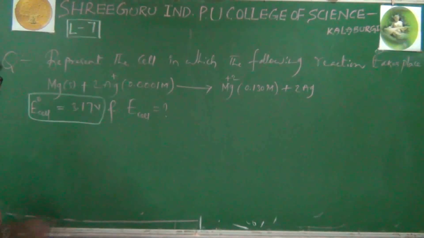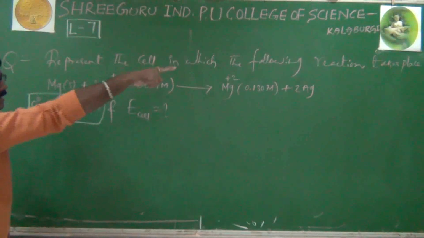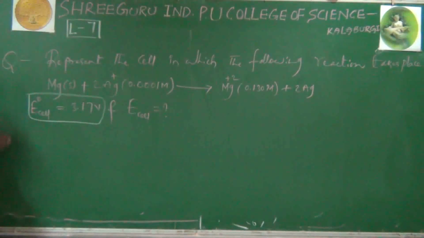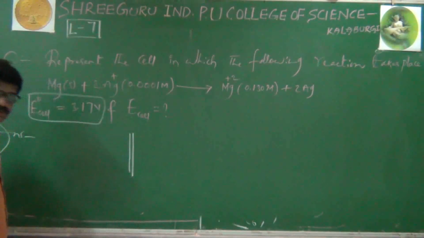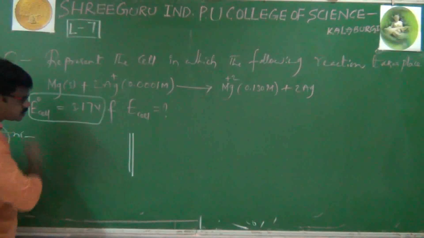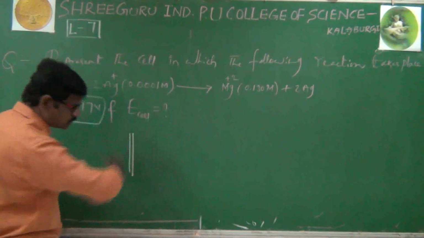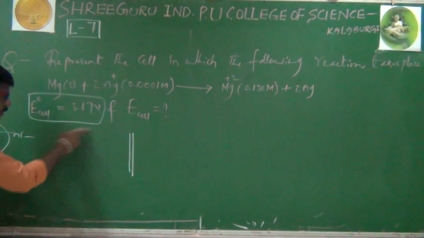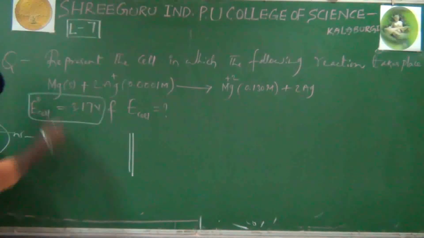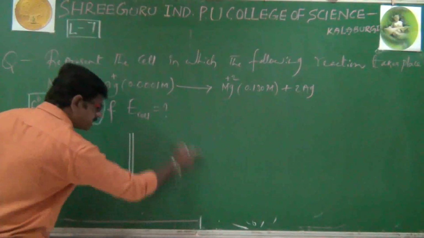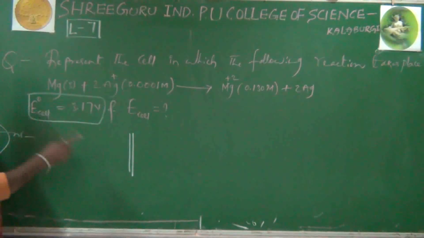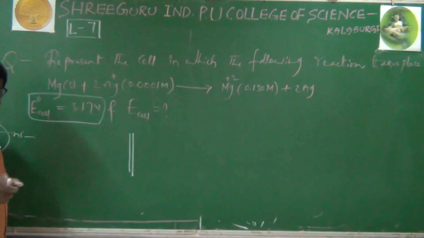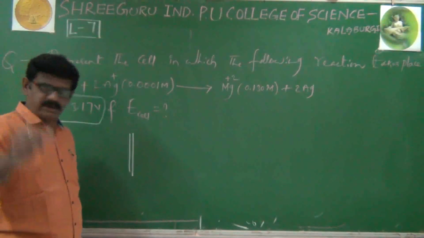First we'll do one thing. First I'll write its cell symbol, nothing but cell notation. In cell notation, first we'll write the salt bridge, two vertical lines. Left side electrode should be anode, right side electrode should be cathode. The anode electrode undergoes oxidation, the cathode electrode undergoes reduction. Now in this net cell reaction, we have to identify which species is undergoing oxidation and which is undergoing reduction.